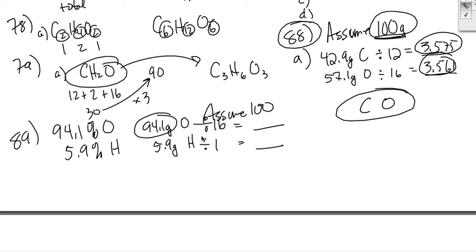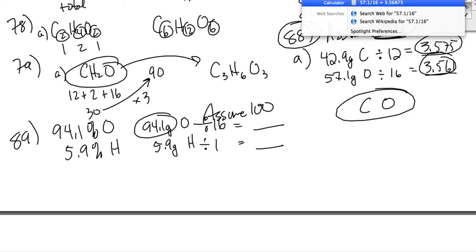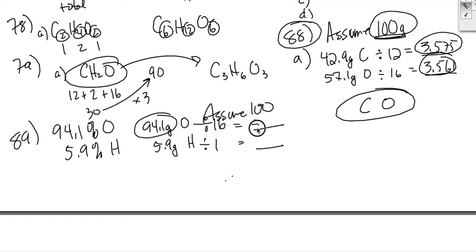Okay, again, let's just go ahead and do these. 94.1 divided by 16 gives you 5.875. This is about 5.9, so you get the same value. If I divide these by the smallest value, I'm going to get a 1 and 1 for both of them.